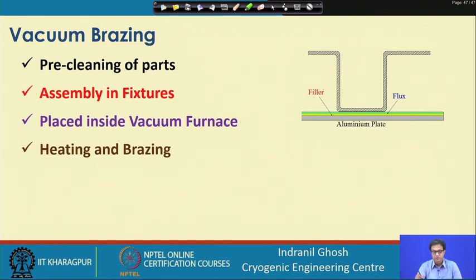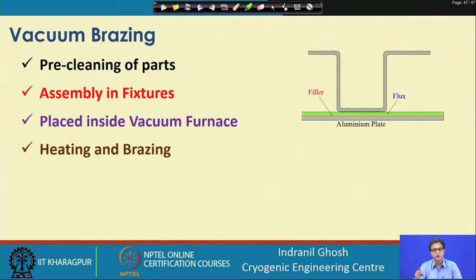So, we give a ramp and then a soaking time in the vacuum brazing furnace to reach the desired temperature. When it reaches that temperature, we allow it to stay there for some time, and then we need to cool it down.